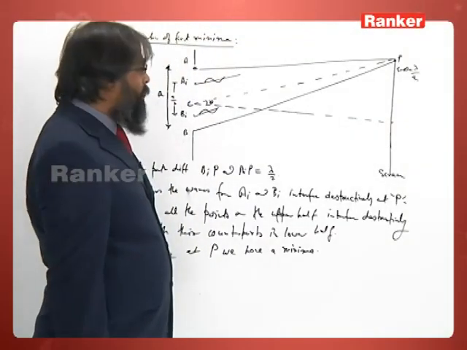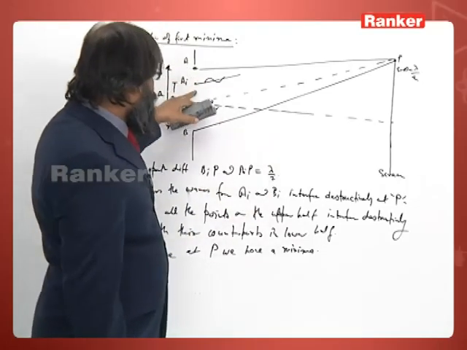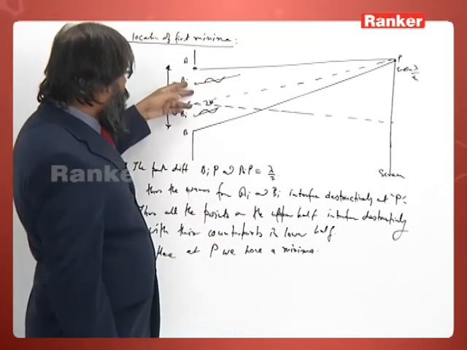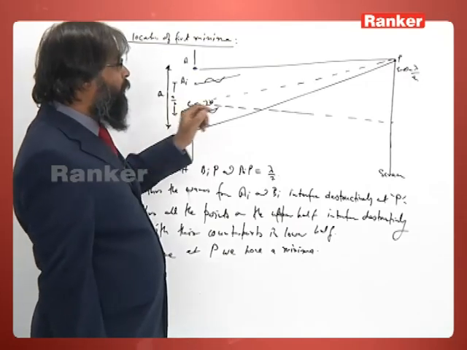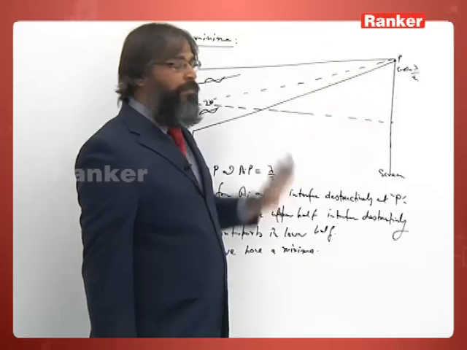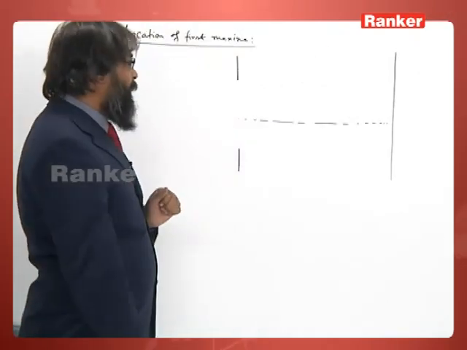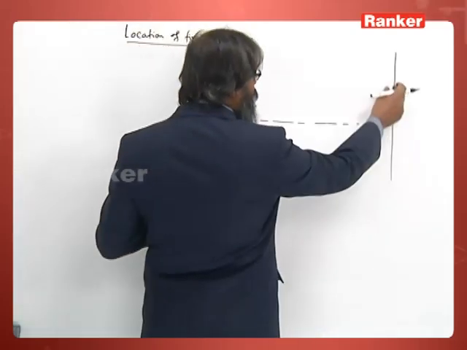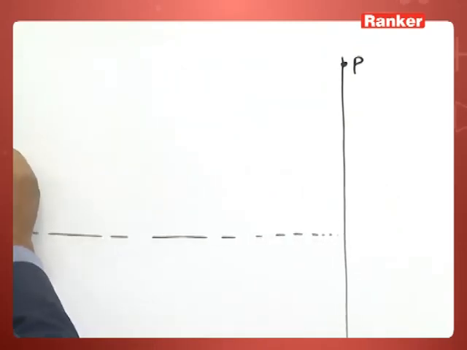The path difference is here lambda by 2 for all the points on the upper half with all their counterpoints in the lower half. So there is a minima here. So now let us see the position of the first maxima. Here is the central maxima, first maxima. So at P, this is maxima.